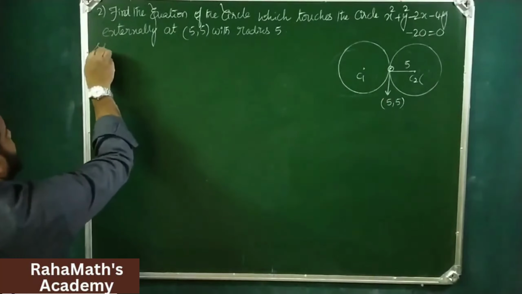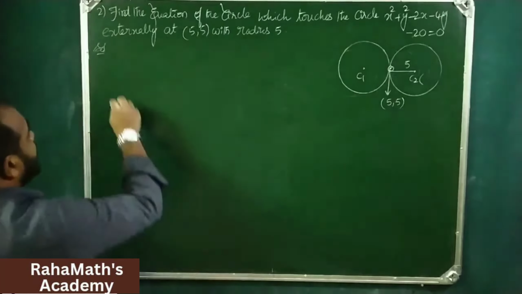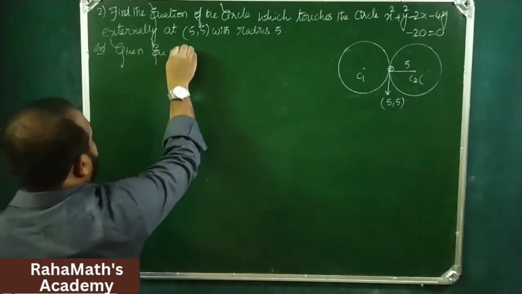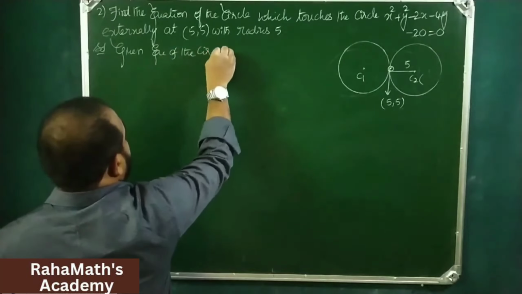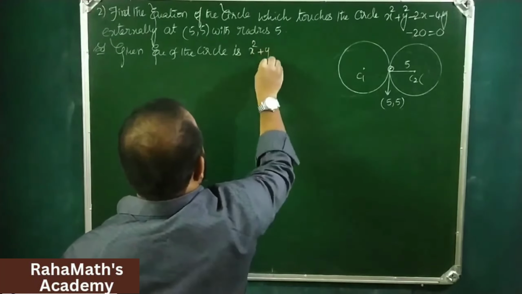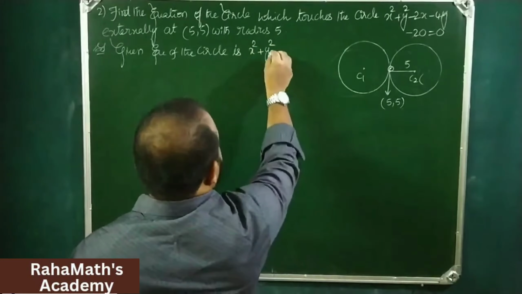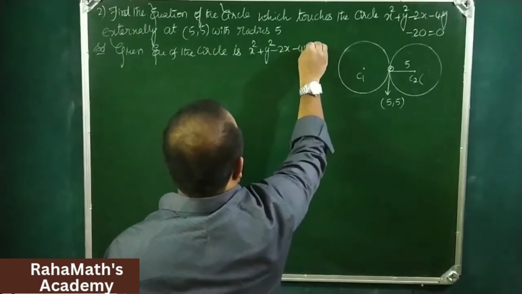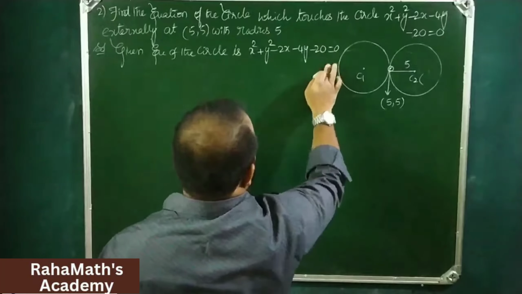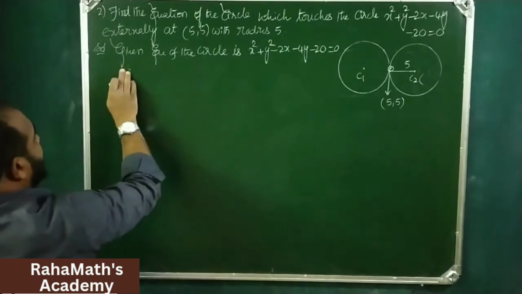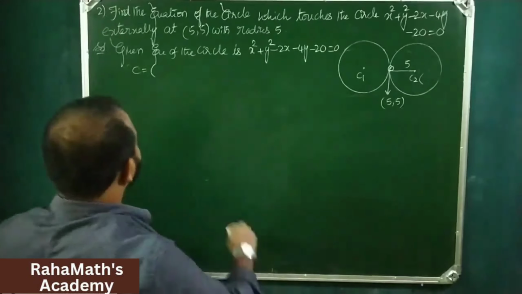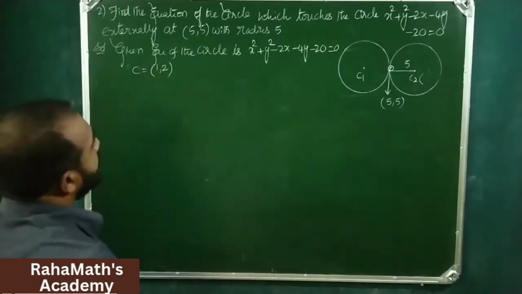Solution. Given equation of the circle is x square plus y square minus 2x minus 4y minus 20 equals 0. So if this is the circle, what is the center? C is equal to 1 comma 2.